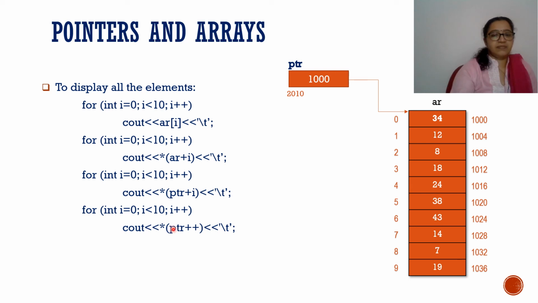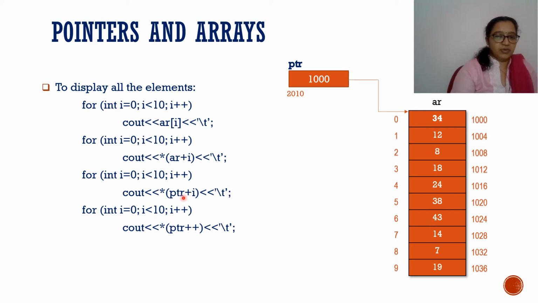So the first time PTR itself, that is the 0th position value. Then PTR++ means 1004th content. Then again PTR++. So we'll get 8. So keep on, it will move up to 9. So through PTR incrementing also it is possible.